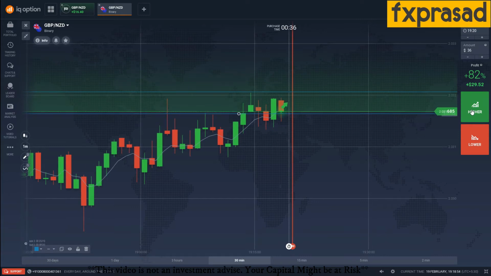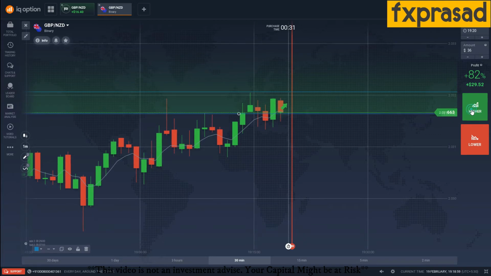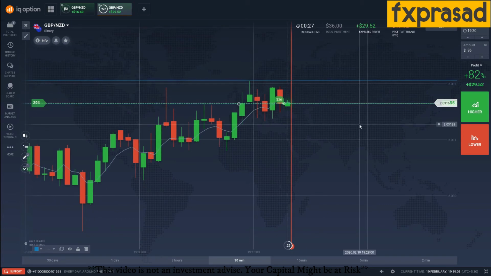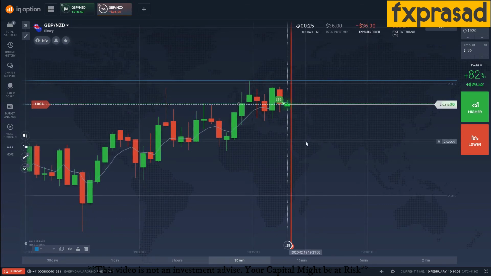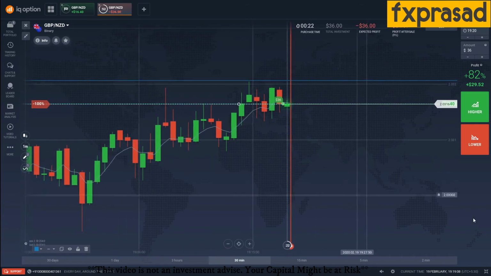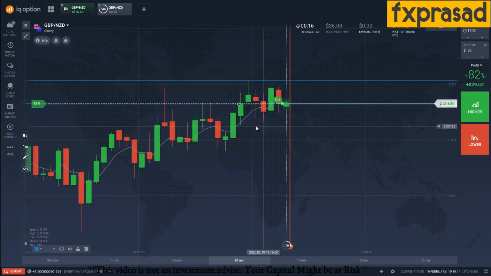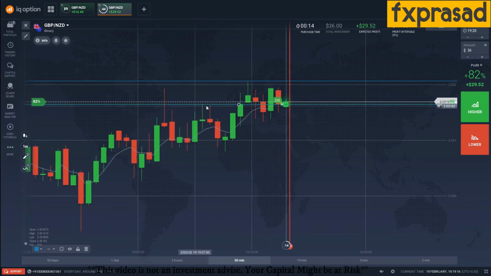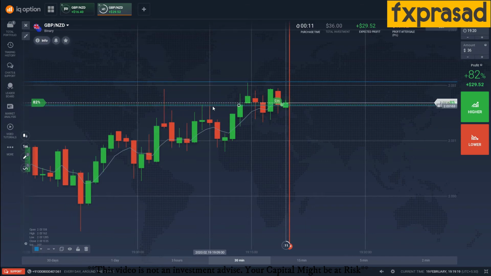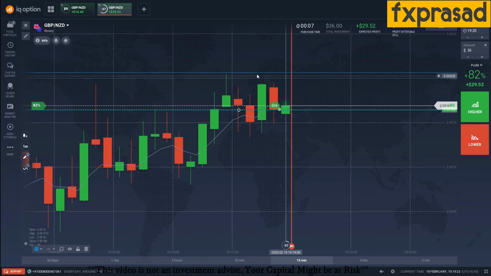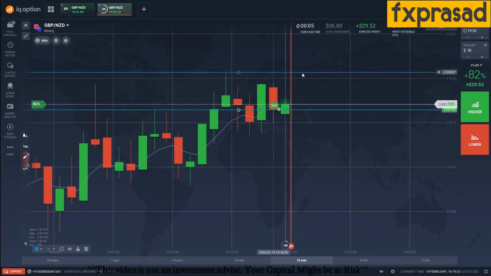Okay, go. I go with call again. This is strong bullish momentum, and this candle also has a rejection from buyers. Previously this was the resistance level, or this is the support level. The market will go up to this level. The next level is here.